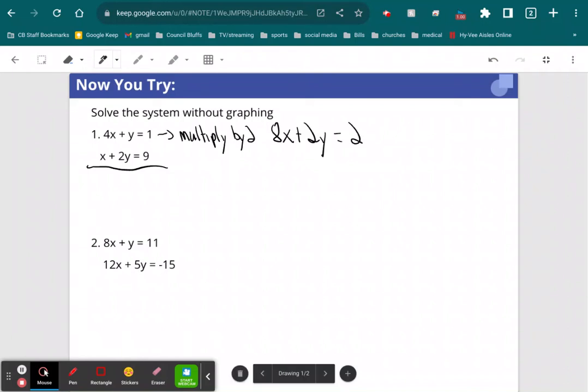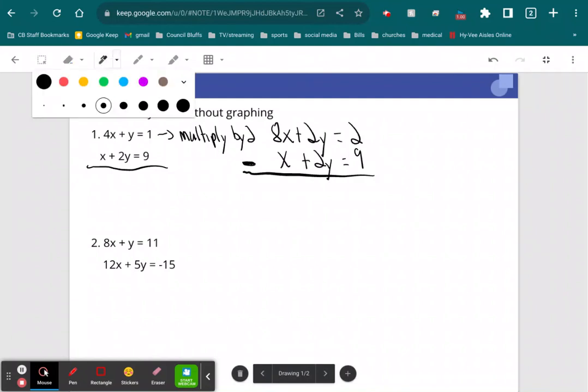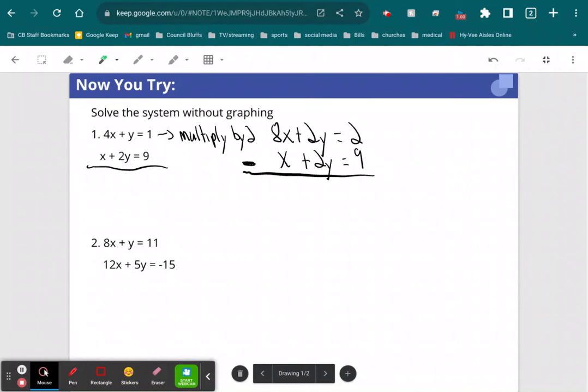So if I multiply the first one by 2 and keep the second one the same, that allows me to subtract the two equations. If I subtract the two equations, the y ends up getting eliminated. 2y minus 2y is 0. So let's subtract everything else.